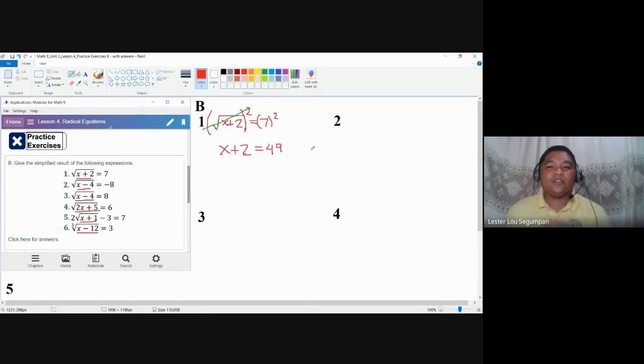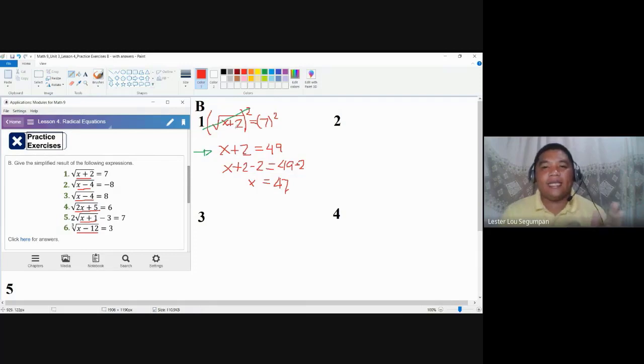This is now an example of a linear equation, and you apply the properties of equality. We can subtract 2 from both sides, 49 minus 2, and our value is x equals 47.